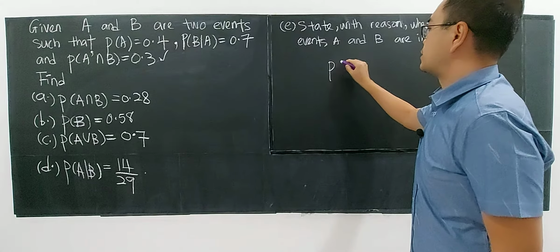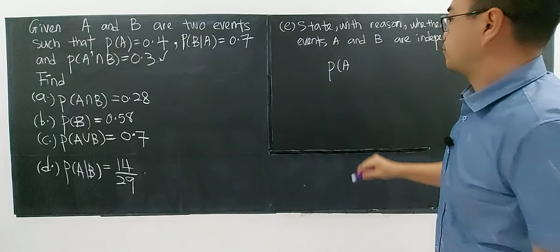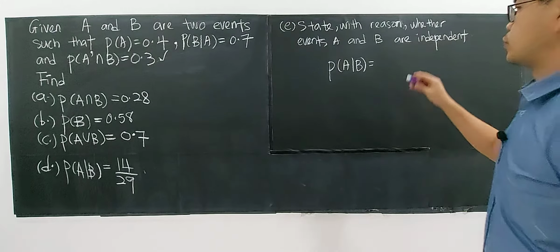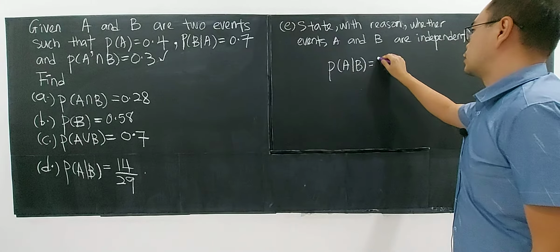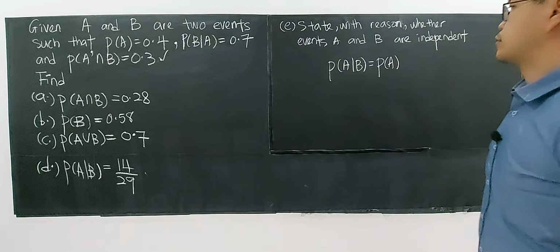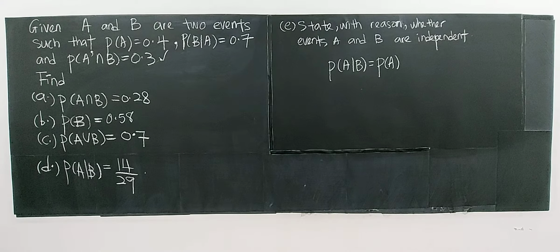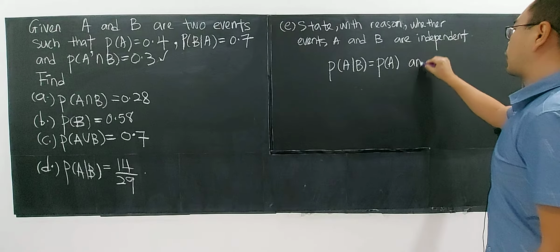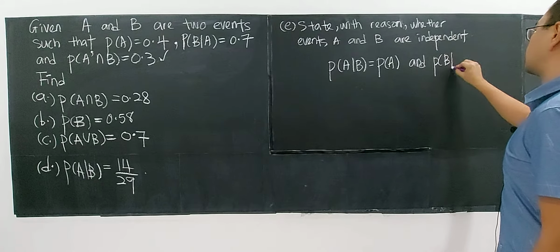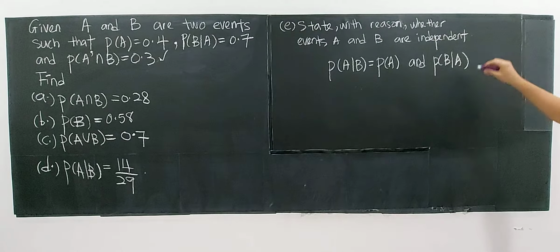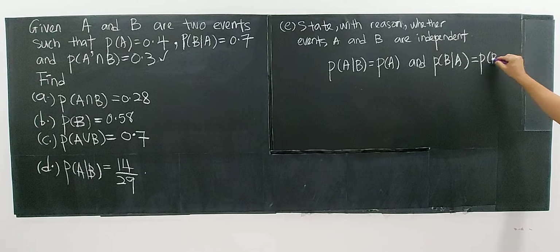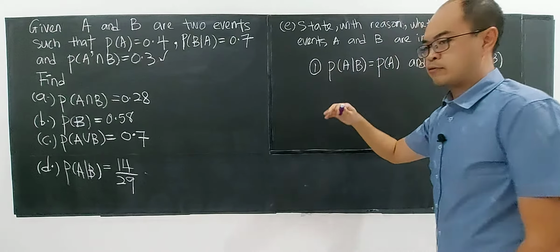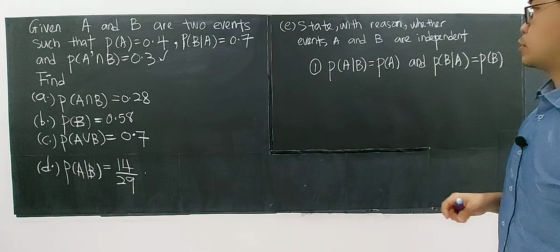For example, the probability of A given B will not depend on the other event, so it equals the probability of A. Or the probability of B given A is not dependent on A, so it is the probability of B itself. This is one way to verify whether the events are independent or not.